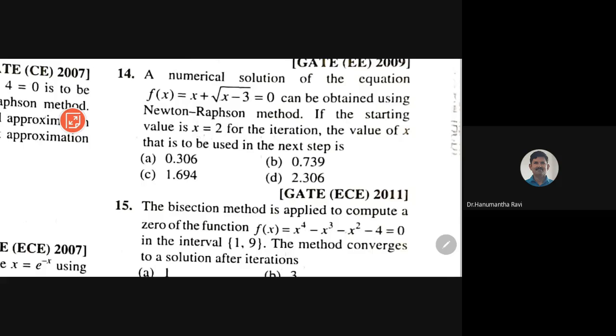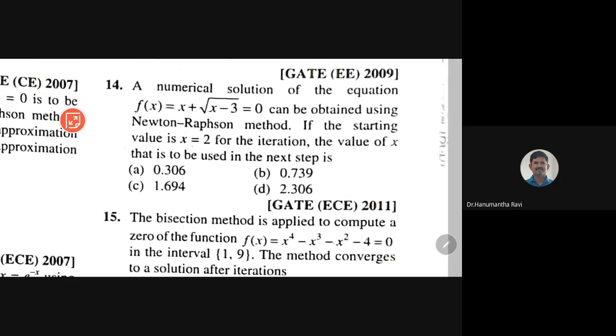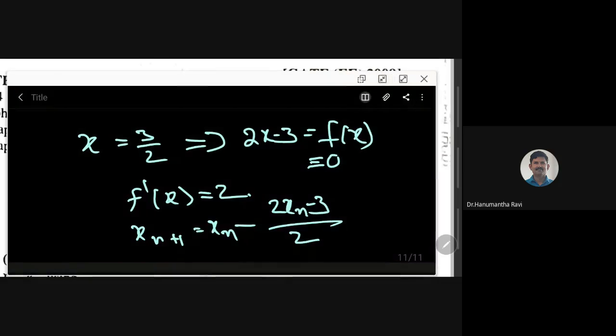Okay, good. We'll take this one and we'll shift to the next one. For example, the 14th problem we will take.